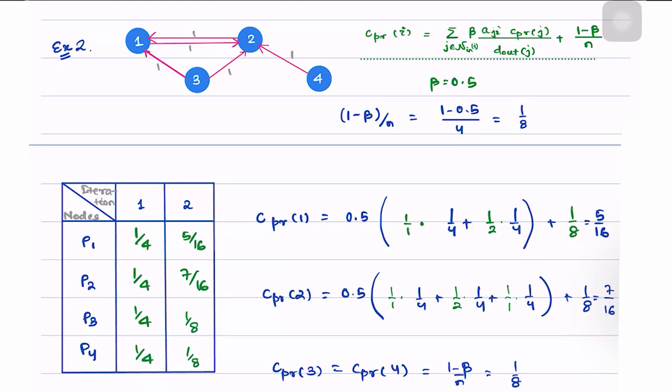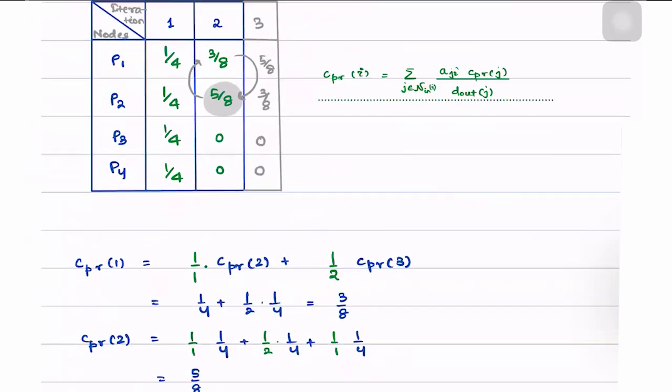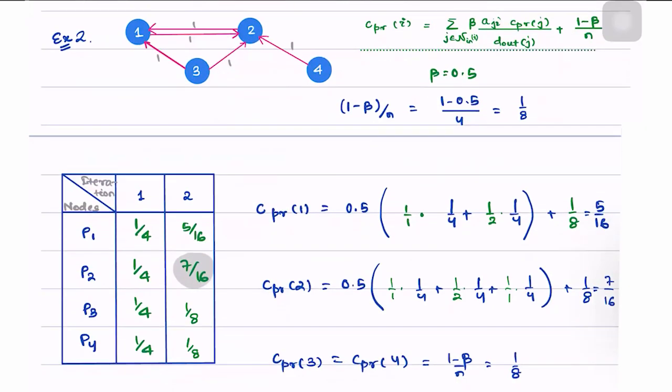So this is a very important table. The reason being that what we see here is, again, node number 2 is now the most important node, which is in sync with this. So although in this case they kept on iterating, note that again nodes 1 and 2, both of them, continue to be important.